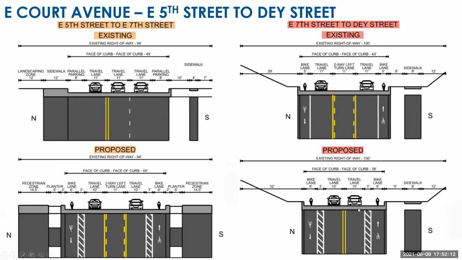And so we can actually eliminate that 2-way left turn lane and narrow the road to reallocate some space to the bike lane and actually have a buffered bike lane. So we propose to go from this conventional bike lane as you go east towards the Capitol, with just 2 travel lanes and the buffered bike lane.